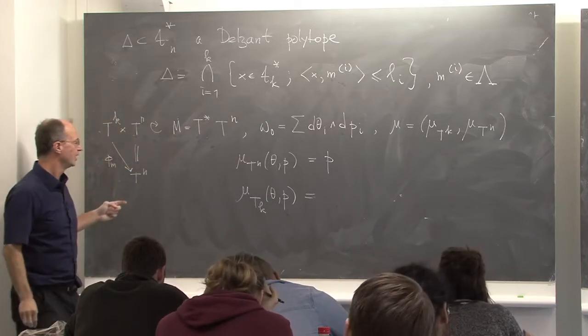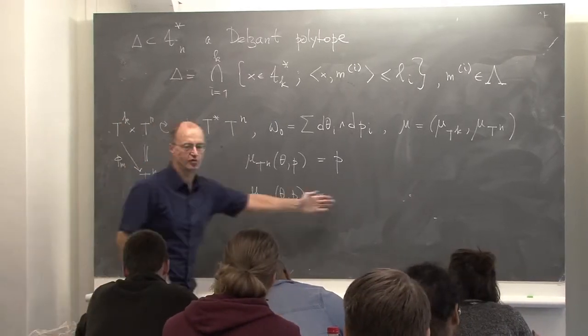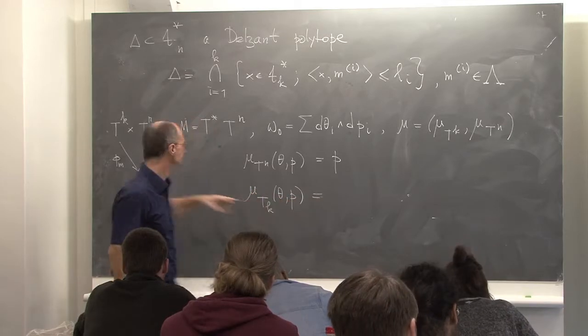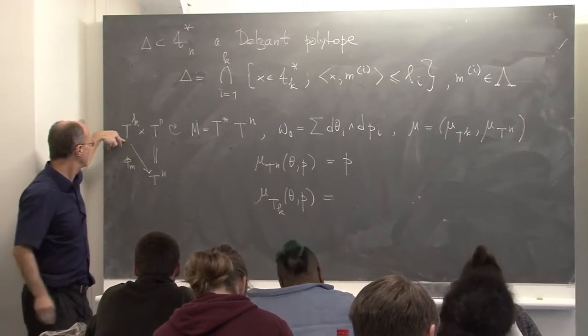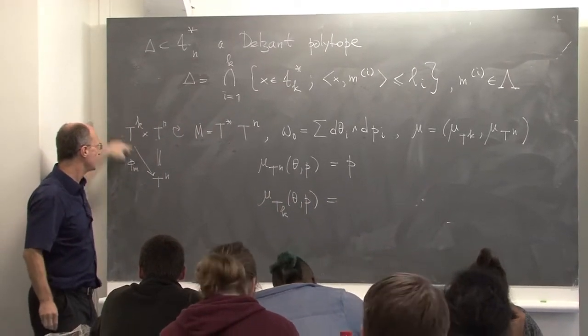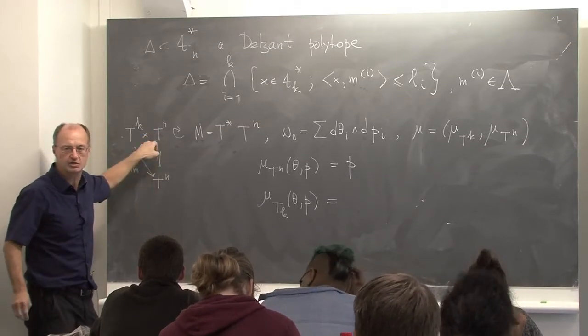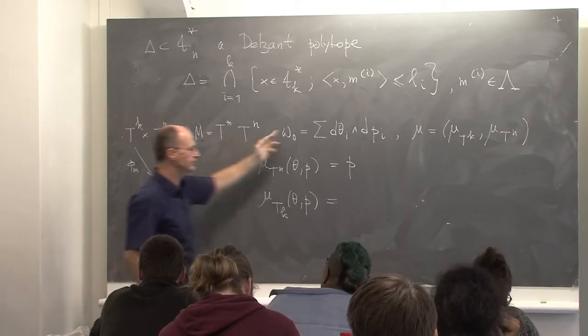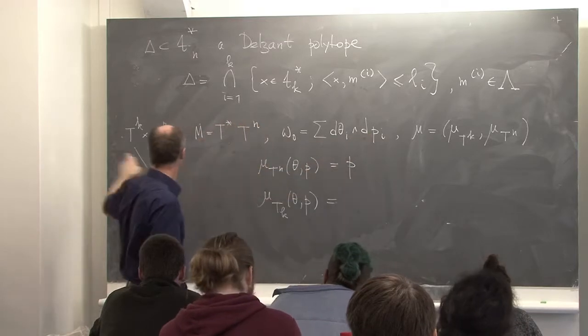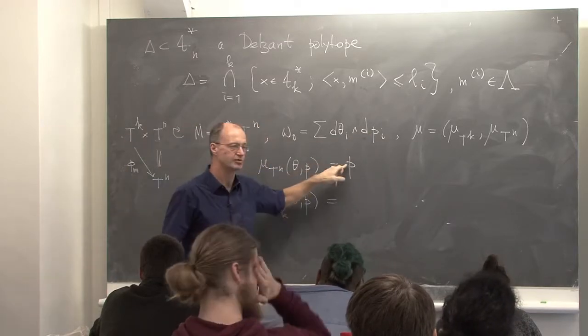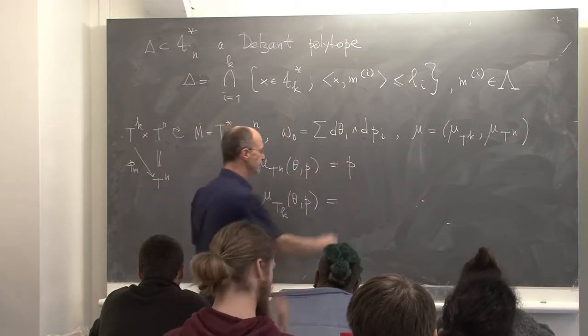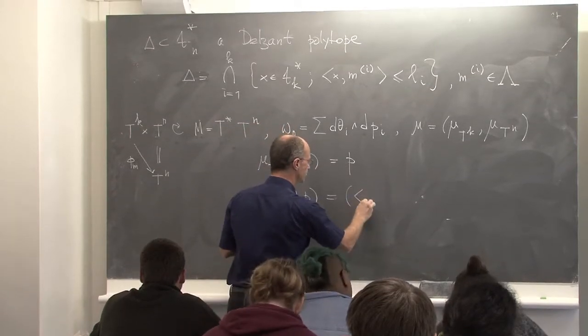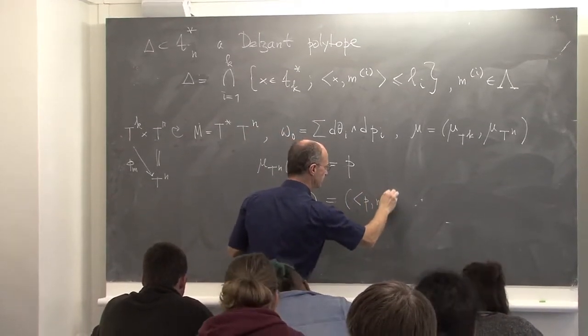Well, let me give you a formula and leave it as a simple exercise. But you see, since the Tk action factors through the Tn action, this means you can construct the moment map for this Tk action in terms of the moment map for the Tn action. And actually, it's going to be like that.